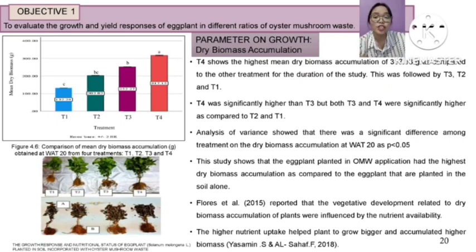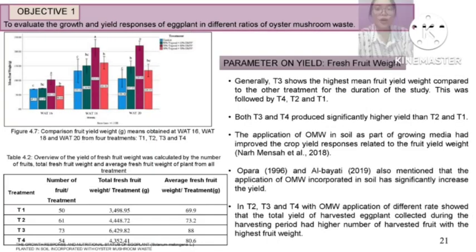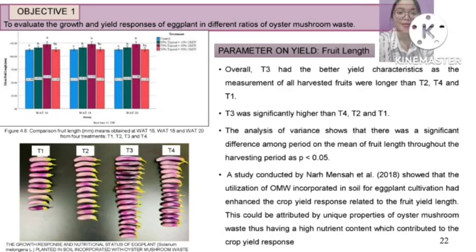This is due to the higher nutrient uptake, which helps the plant to grow better, bigger, and accumulate higher biomass. Overall, T3 showed the highest fresh fruit weight, with a total yield of harvested eggplant of 6 kilograms. T3 also had better yield characteristics as the measurement of all harvested fruit were longer than T2, T4, and T1.